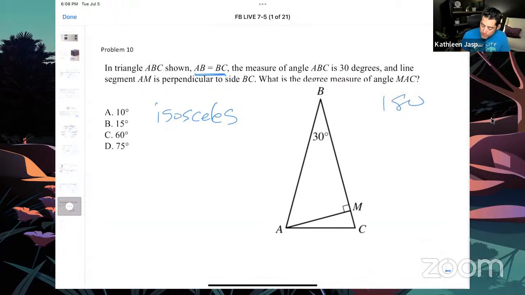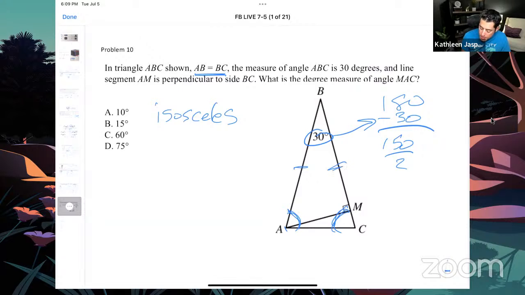So that means if I'm isosceles, we'll start out with this. I have 180 degrees. There's always 180 degrees in every triangle. I'm taking this big triangle ABC. I already have 30 degrees, right? That's where that comes in. So I take that away. I have 150 degrees left over to place into these 2 angles here. I now divide it by 2, because in an isosceles triangle, base angles are the same.